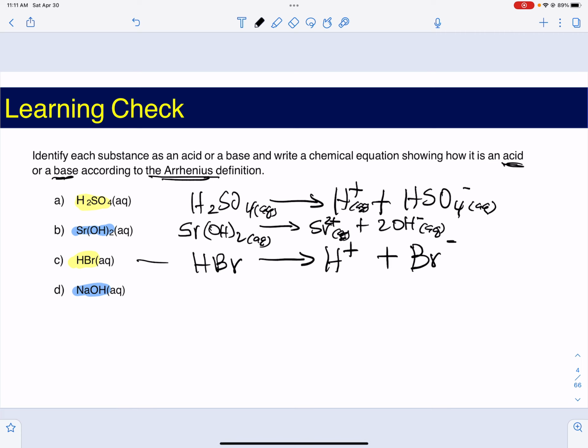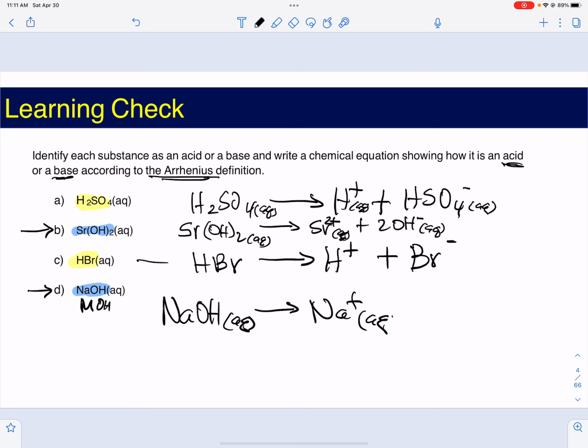And you know how to do a backward crisscross to find out the charges of an ionic compound. Arrhenius bases are going to be ionic compounds, a metal with a non-metal. And then NaOH as an Arrhenius base will produce Na plus aqueous and hydroxide.